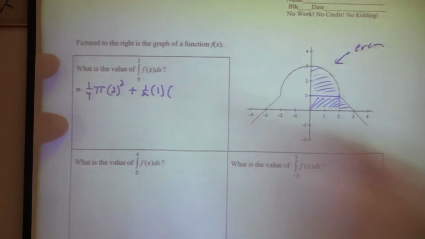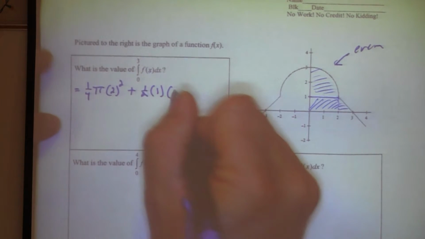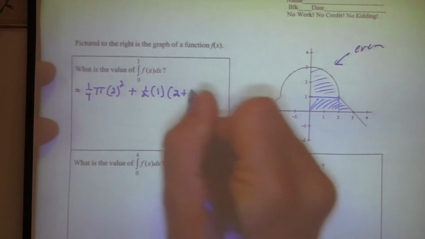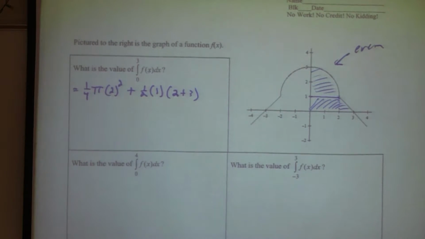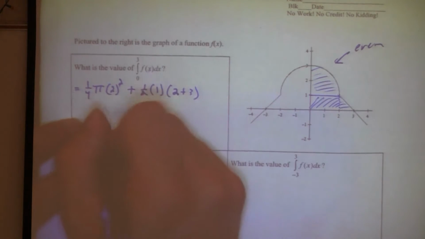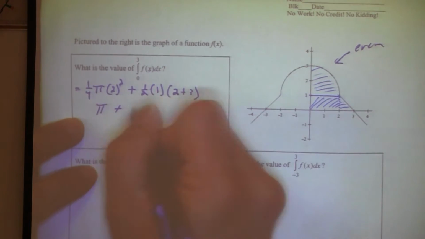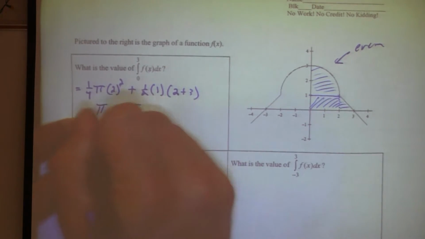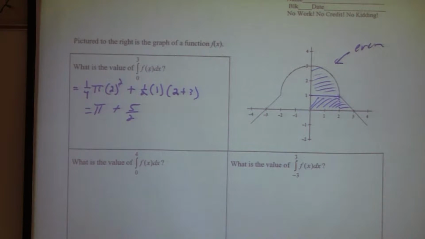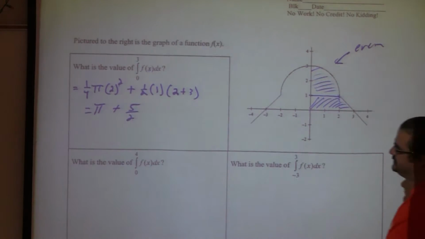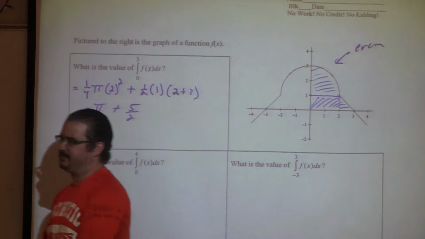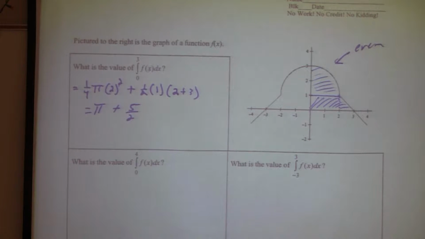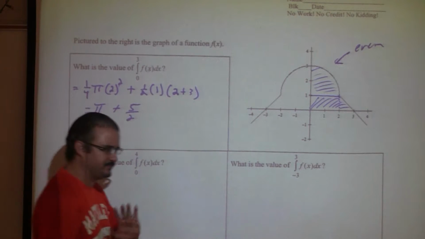And what's the base 1 plus base 2? 2 plus 3. Parallel sides, right? So we end up with pi, right, because the 4's cancel out. Pi plus 5/2, right? We're adding 2 and 3, not multiplying them. 2 plus 3 is 5 times 1 is 5/2.